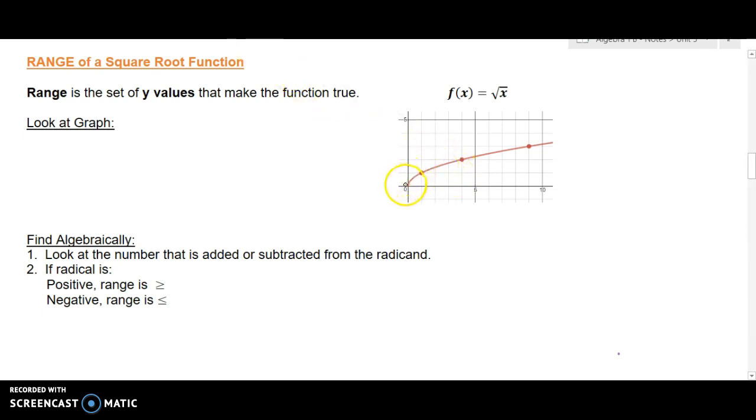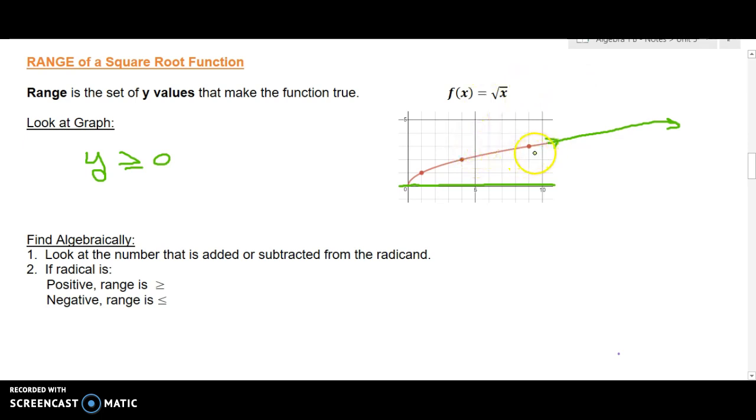So we're going to start down here, and we are going to see how far this graph goes up. And in this case, our graph will rise forever and ever. It just continues getting wider and wider. So we say that y is greater than or equal to 0, similar to our x value.